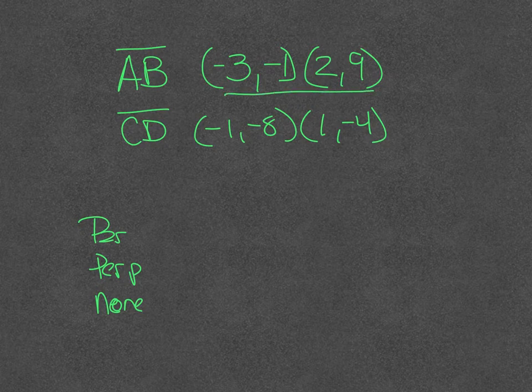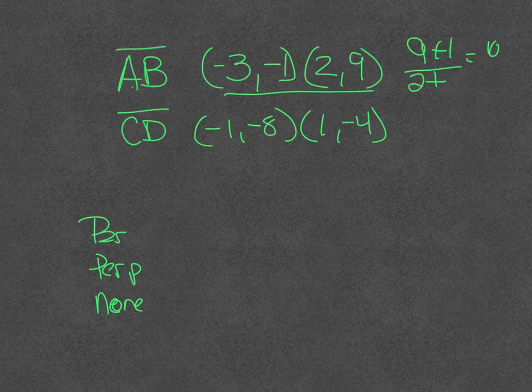So these 2 points are on line AB, so I'm going to find the slope. y2 minus y1, so 9 minus -1, which is the same thing as 9 plus 1, so that's 10, over 2 minus -3, minus a negative, same thing as plus, so that's going to be 5. And if you simplify that, you're going to get a slope of 2.